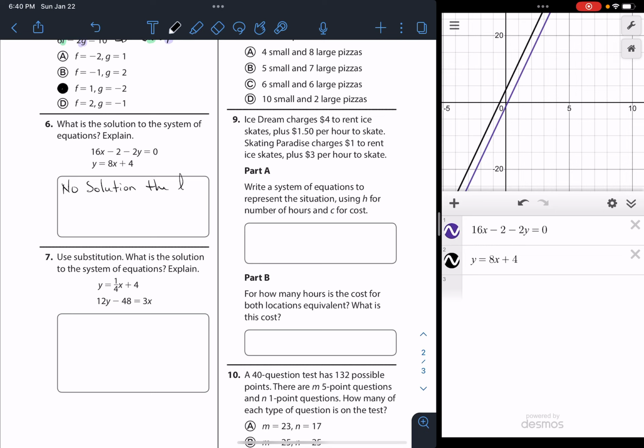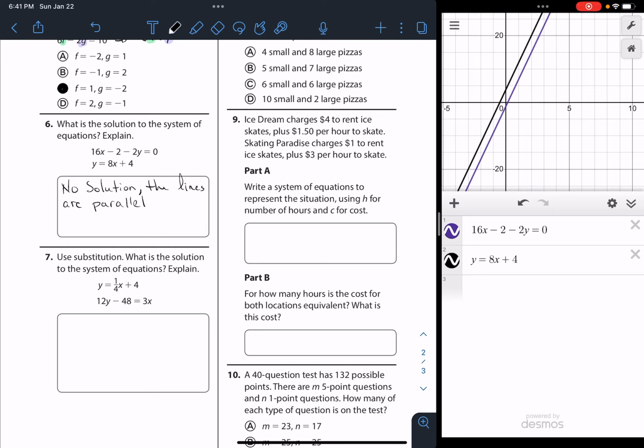The lines are parallel. Oh, dang, I can't spell it. There we go. No solution, and the lines are parallel. It's a done deal. And all you have to do is go graph that. That's it.